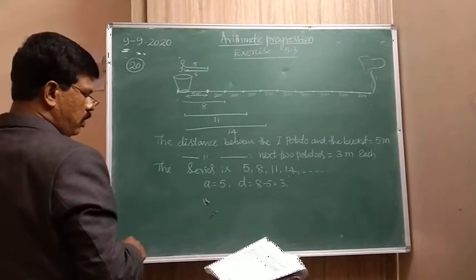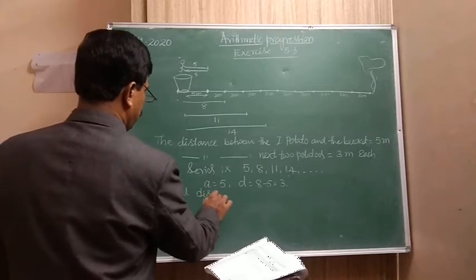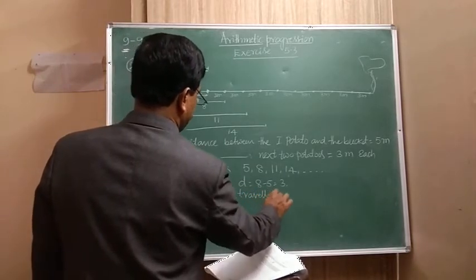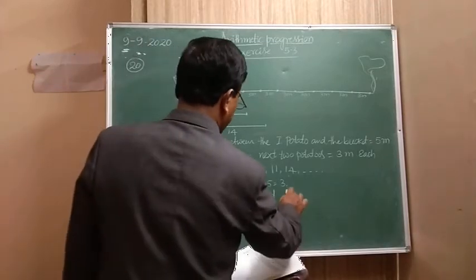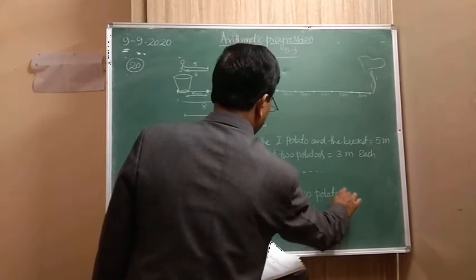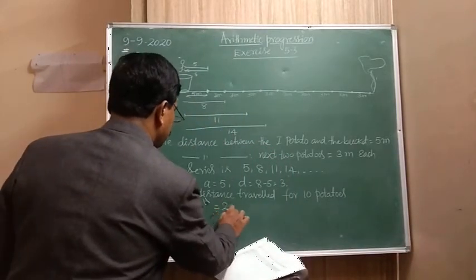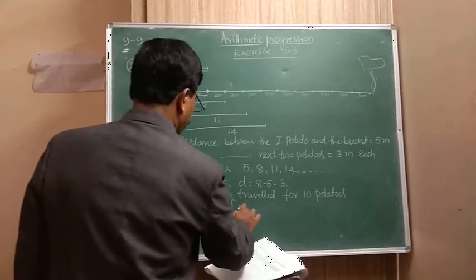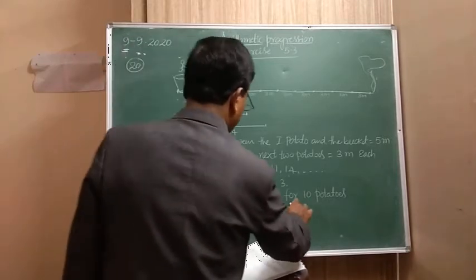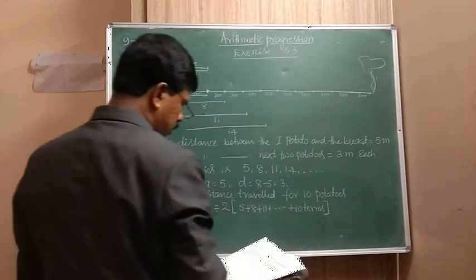Then total distance traveled for 10 potatoes is equal to 2 into 5 plus 8 plus 11 plus, etc., 10 terms. 10 terms.